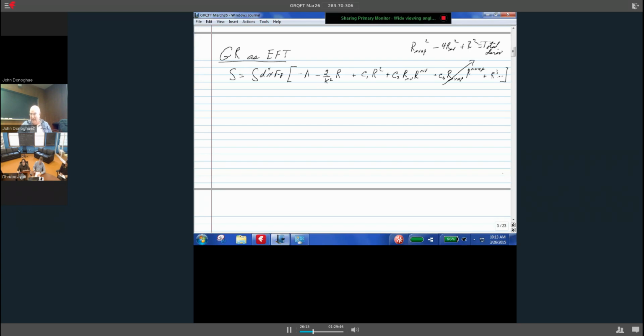So basically, we drop that guy. Then in the energy expansion, there'd be curvature cubed terms. So there we've done step one.